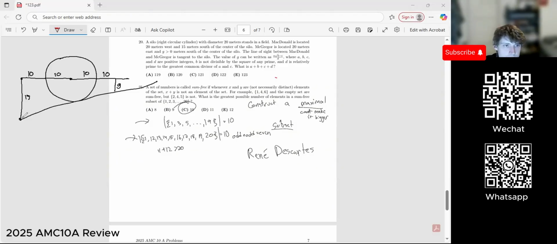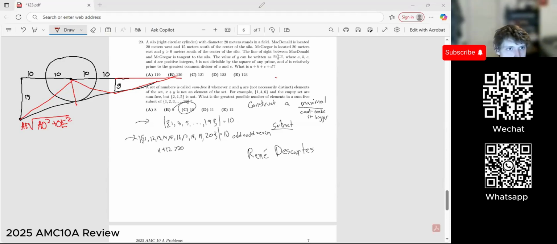Let's try to find this out. In order to do so, I'm going to draw a bunch of line segments here, because we're going to use some similar triangles. So first of all, from the Pythagorean theorem, we know that segment AE is equal to AO squared plus OE squared.